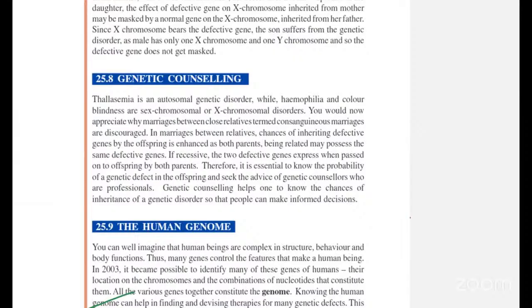If they marry outside, there is more possibility of not having that problem. But now because they are coming from the same gene pool, there are more chances of having an abnormal child.